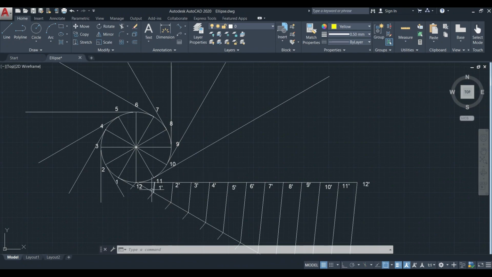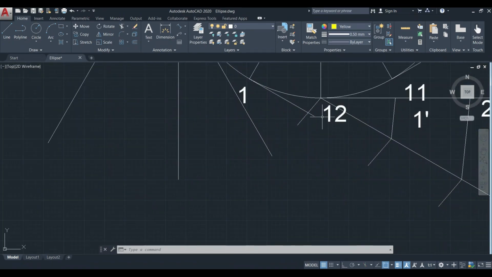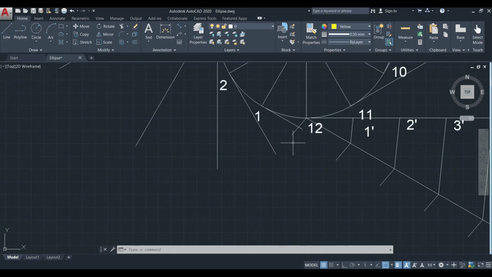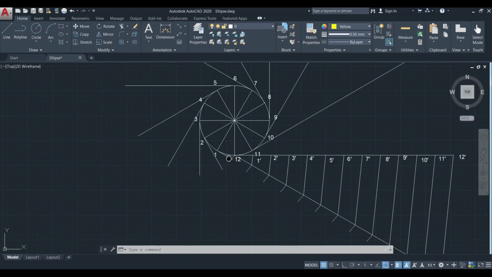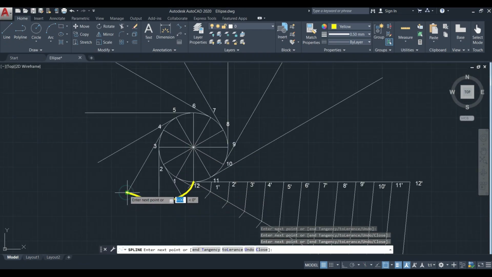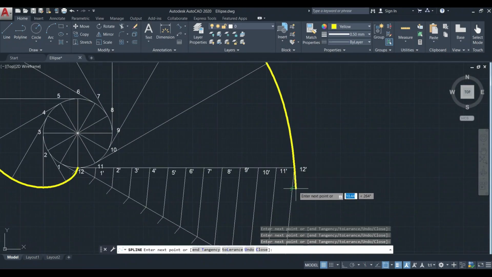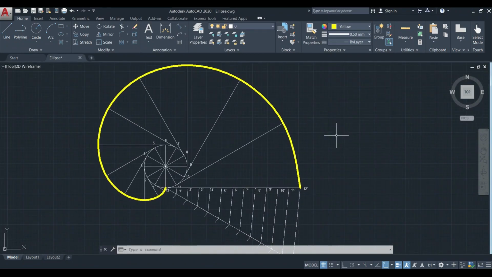Finally, we can draw a curve starting from the point 12 here through the end points of the different tangents drawn to the circle. So this is the required involute.